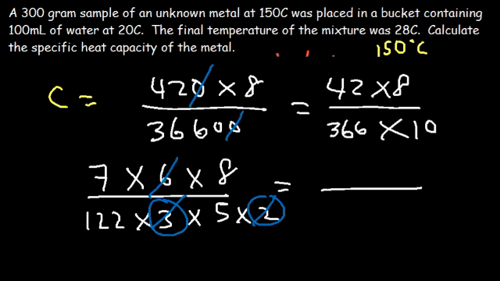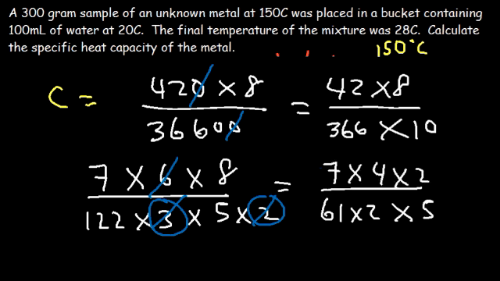So let's see if we can simplify this further. 122 is basically half of 122, that's like 61. So that's 61 times 2. We still have a 5 on the bottom. And 8, we can break 8 into 4 and 2. So at least we can cancel a 2. Okay, so I don't think we can simplify this any further.